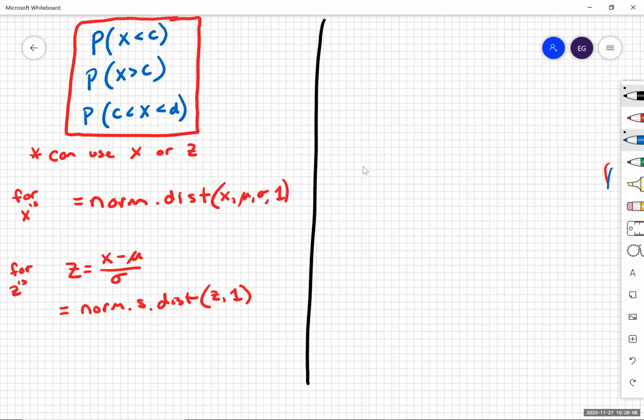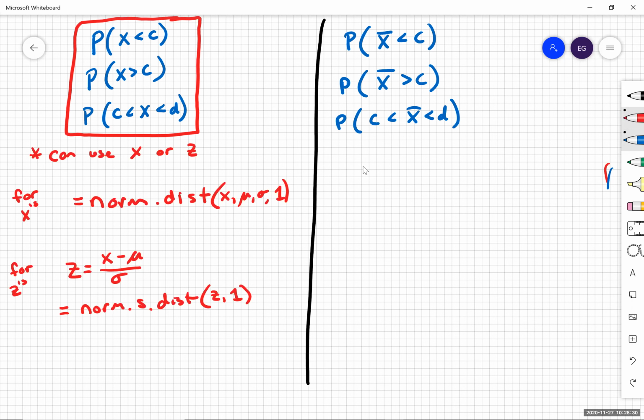Okay, then in section 6.4, you saw probability problems, like the probability that the sample mean is less than some number, the probability that the sample mean is greater than some number, or probability that the sample mean is between two numbers.